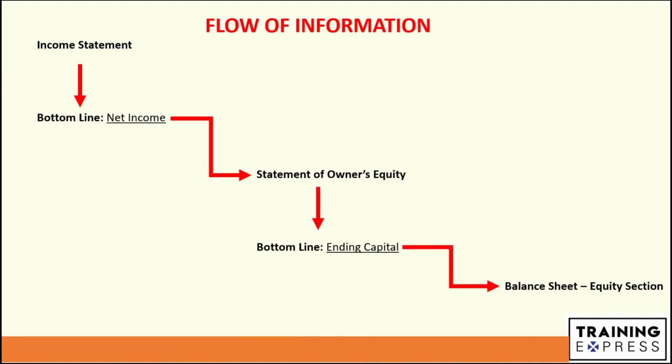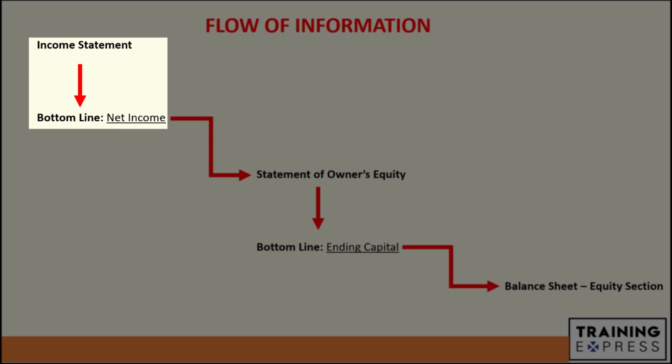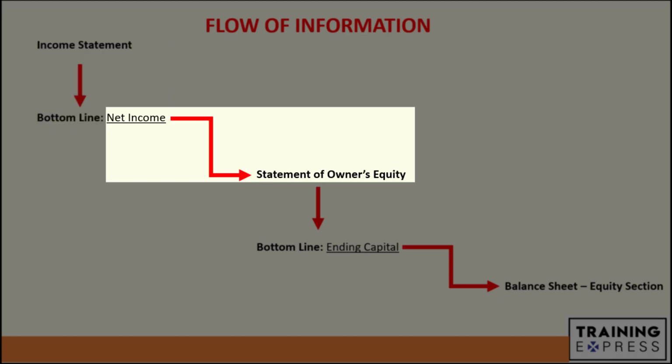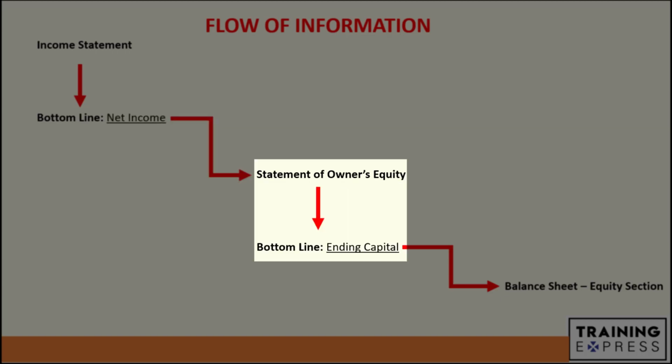Now before we finish today's session, I would like to remind you of the flow of information amongst these financial statements. First of all, we prepared income statement. The bottom line of the income statement was net income. This net income will be moved to the next financial statement, which is called statement of owner's equity.